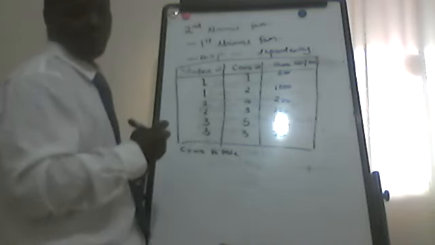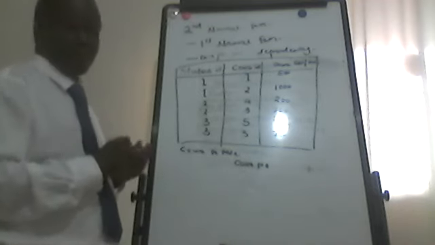This table will have the course fee, and then it will have the ID. Remember, the ID is a unique identifier.